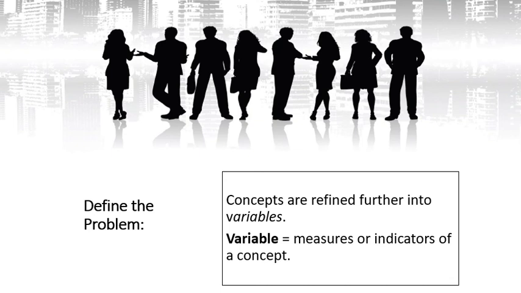When we come up with a way to measure a concept, so life in the city is abstract, we need a way to measure it. The process of turning a concept into a variable is called operationalizing, or operationalization. In any research study, it's an examination of the relationship between variables.